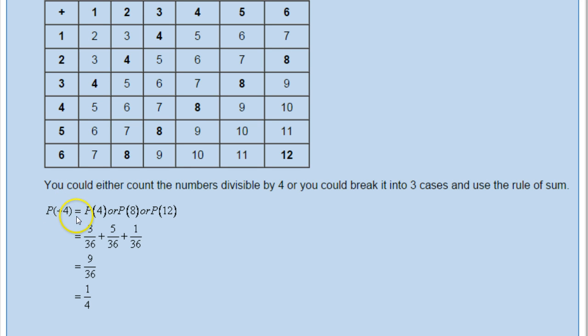It equals the probability of the event where the sum is 4, plus the probability of the event where the sum is 8, plus the probability of the event where the sum is 12. So 3 in 36 chance for a sum of 4, 5 in 36 chance for a sum of 8, and 1 in 36 chance of a sum of 12. We add those together and we end up with a quarter again.